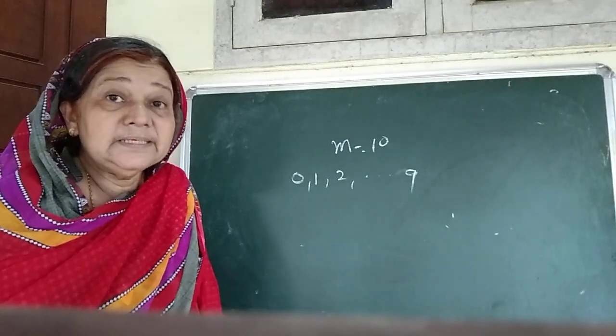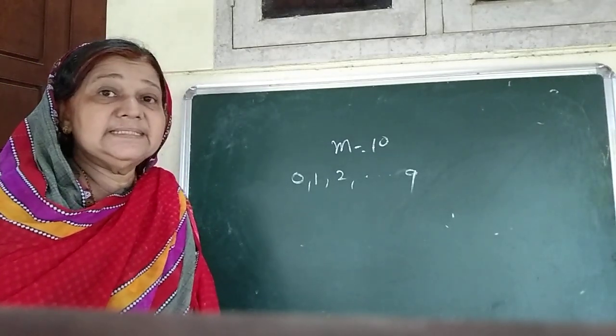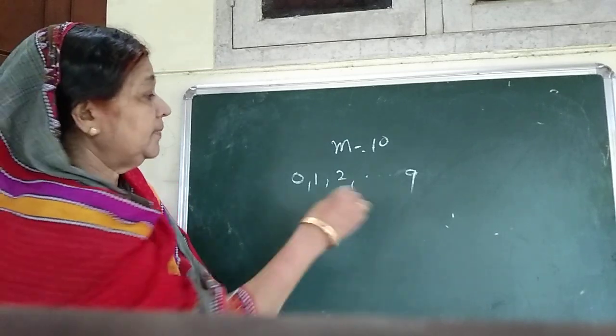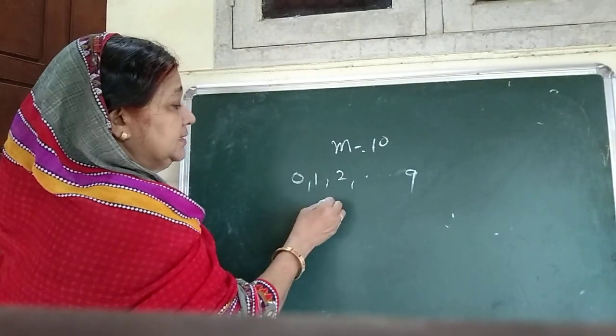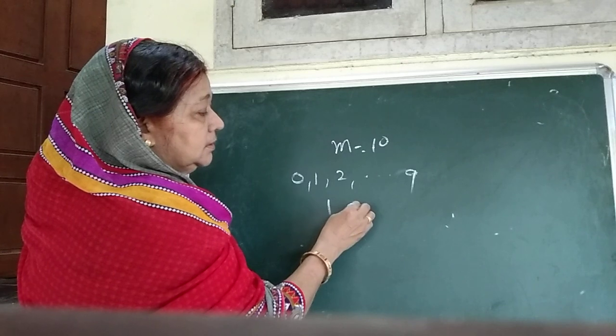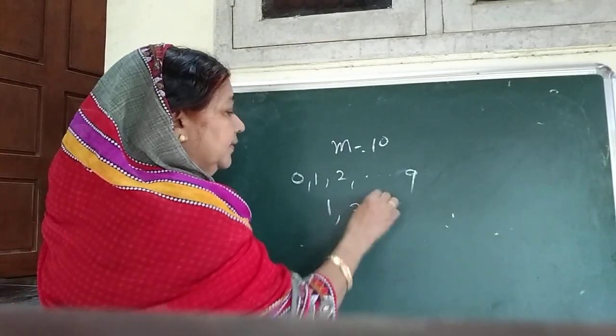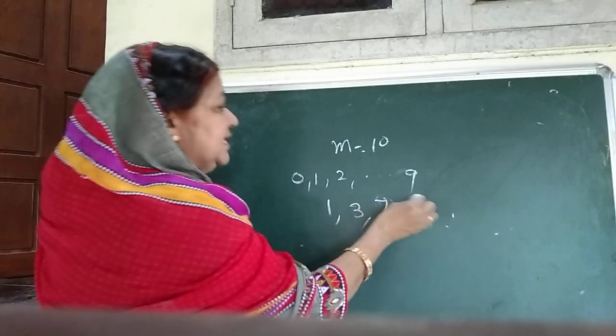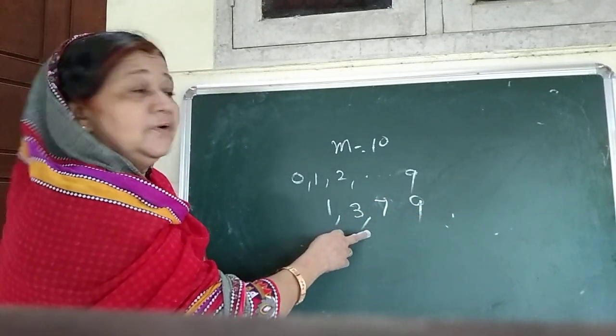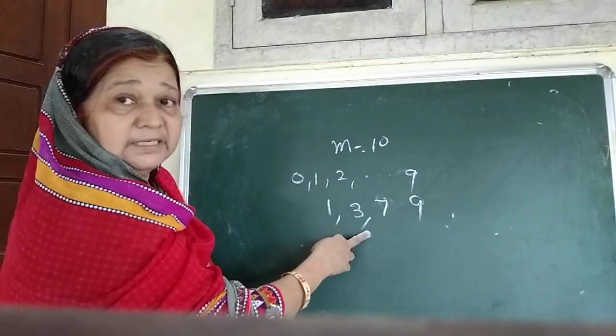But the numbers less than 10 and prime to 10 are nothing but 1, 3, 7 and 9. There are 4 numbers. 4 means phi of 10.